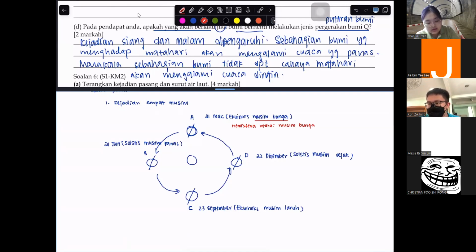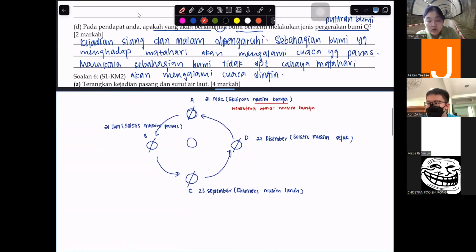Now you see, equinox musim bunga means utara is musim bunga. When you go to part B, solstice musim panas means hemisfera utara is mengalami musim panas.